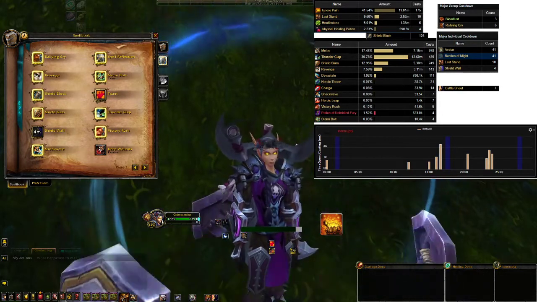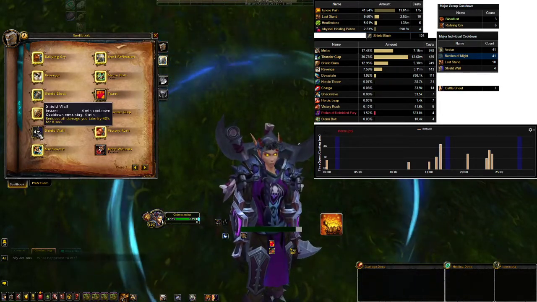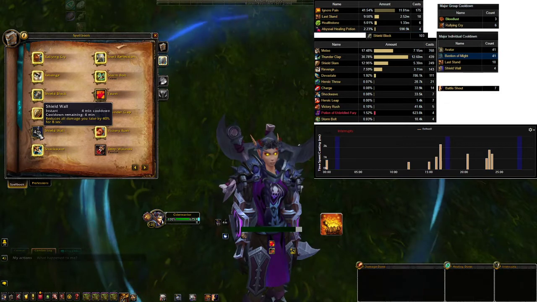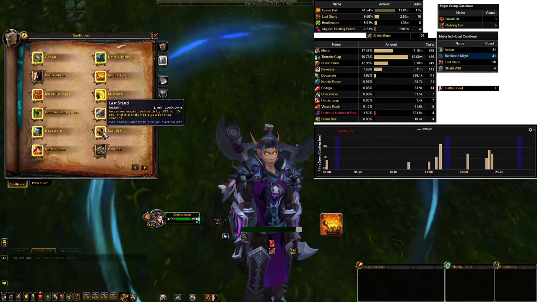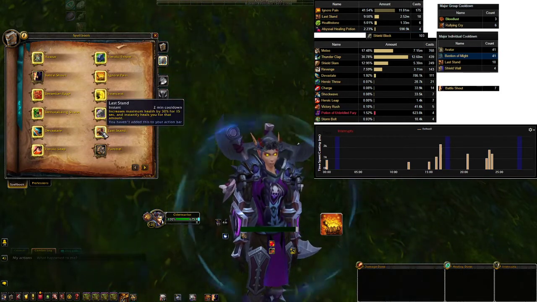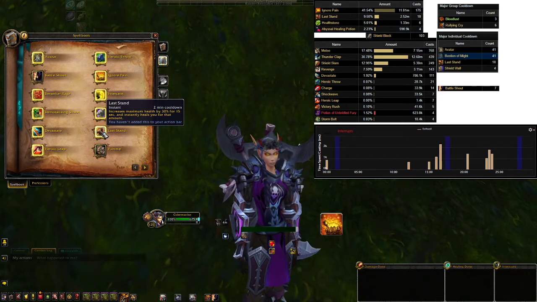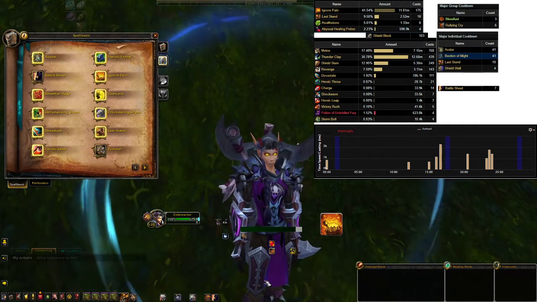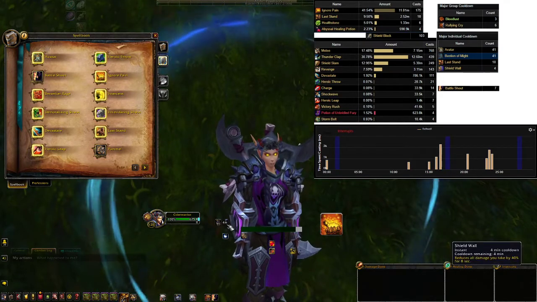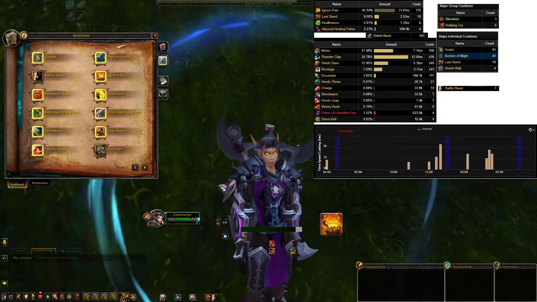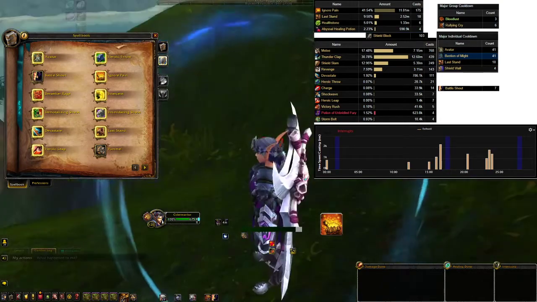I think there's an argument to be made for either, because Shield Wall is a 40% mitigation, where Last Stand is a 30% heal plus 100% block. So I think there's an argument to say which one's more important. But we're also going to give that a consistent button between all characters.